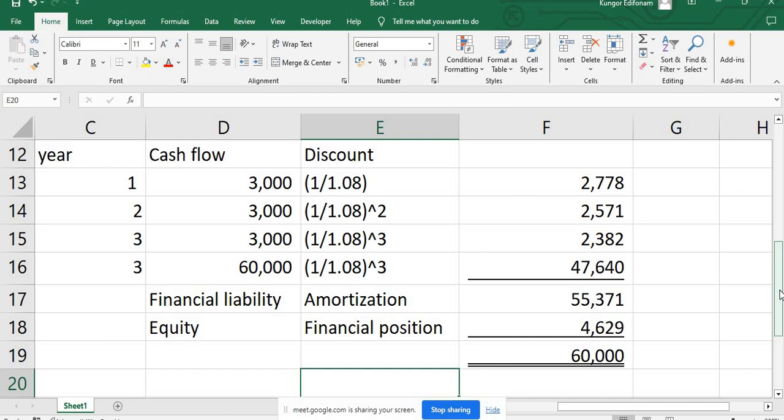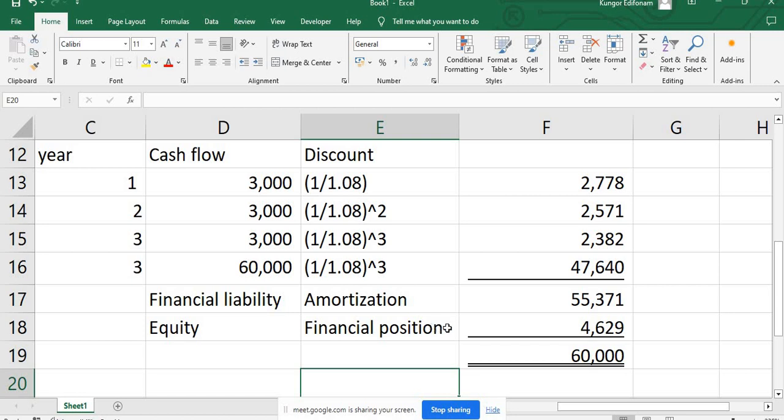The IFRS standard, IFRS 9, is saying that the moment such transactions appear, the best thing to do is to estimate the future cash flows and bring them into the present. The present value of the future cash flow should be the liability component of the instrument. The difference between the financial liability and the face value of the instrument should be your equity.